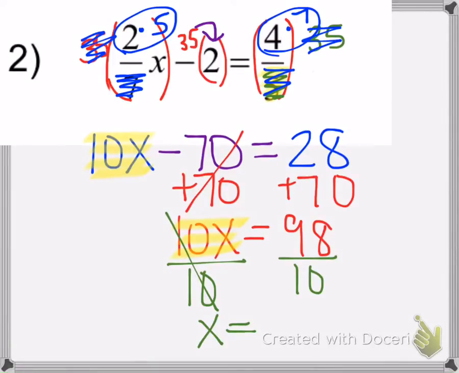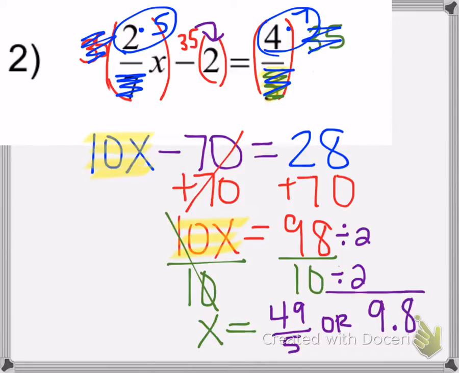So since 10 can't divide into 98 evenly, we'd get a remainder. We're going to just simplify them. So 2 can go into both of them. So we would get 49 over 5 as our answer. Or if the direction said we're allowed to leave a decimal, we could divide it and we would get 9.8.